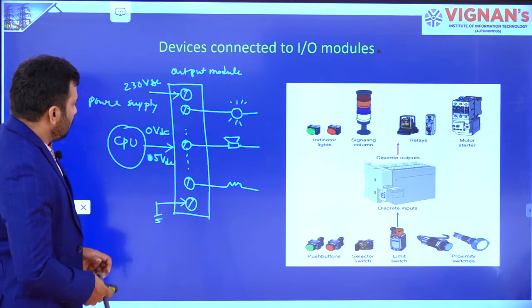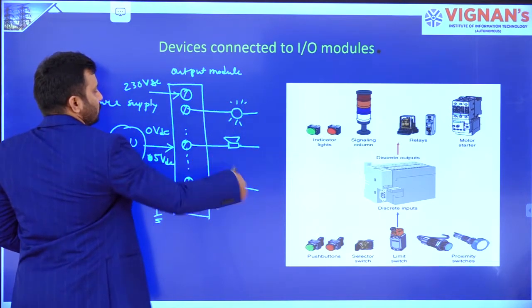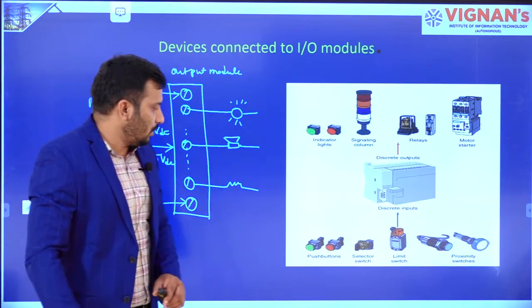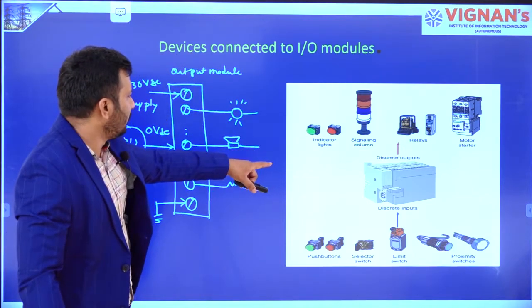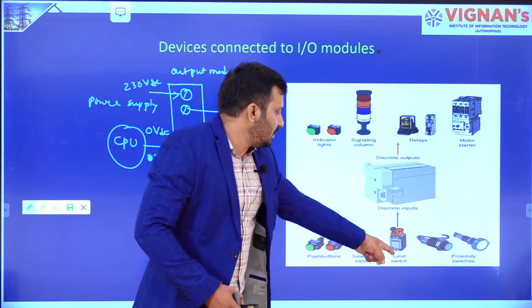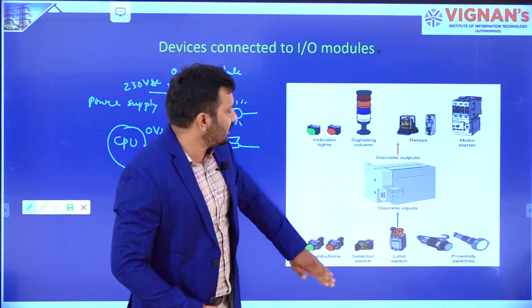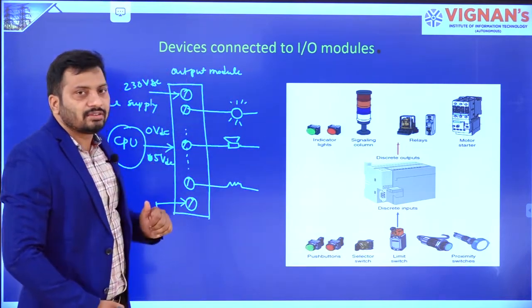So what are the output devices normally? We will discuss that now. You can see here push buttons, selector switches, limit switches, proximity switches, which are connected as input devices to the input module.